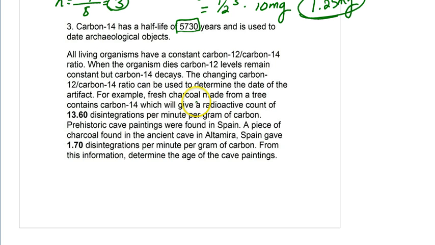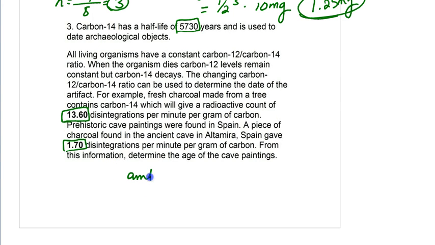For example, if you have some fresh charcoal made from a tree that contains carbon-14, which will give a radioactive count of 13.6 disintegrations per minute per gram of carbon, prehistoric cave paintings were found in Spain. So if a piece of the charcoal found in the ancient cave in Spain gave 1.70 disintegrations per minute per gram of carbon, from this information determine the age of the cave painting.